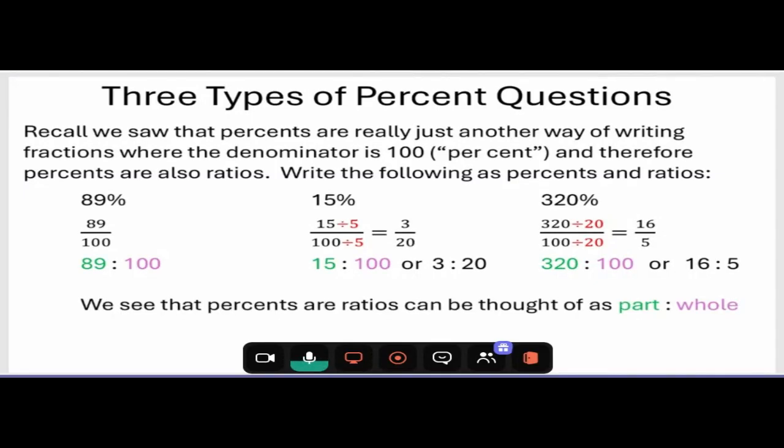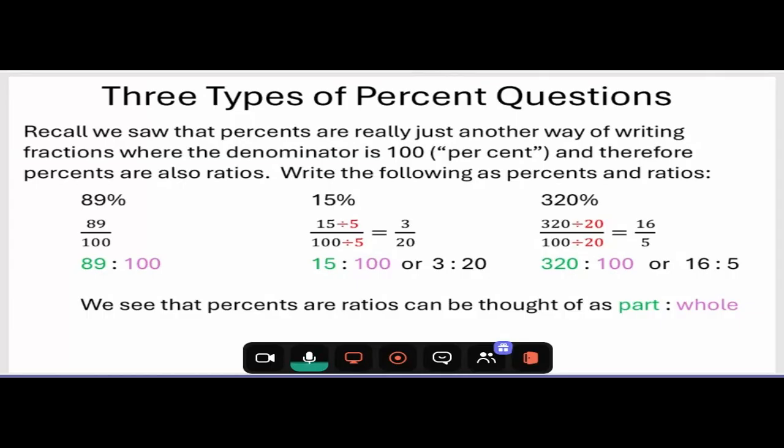And what we want to notice about all these percents once they are ratios is that we want to think of them as a part to a whole. So the green and the purple there, 89% means the whole, if the whole was 100, 89 out of 100, is what 89% means. 89 out of every 100.